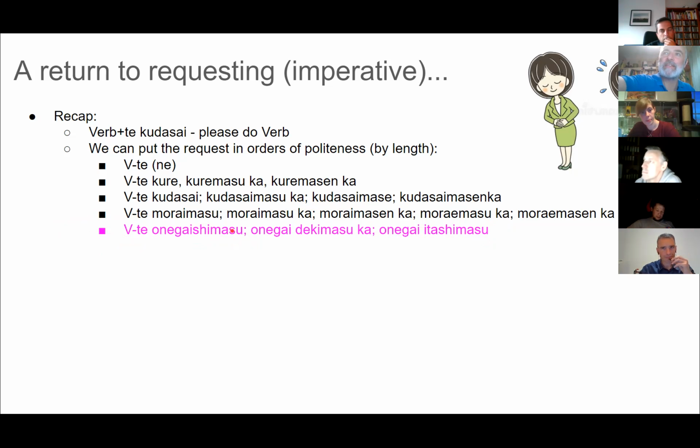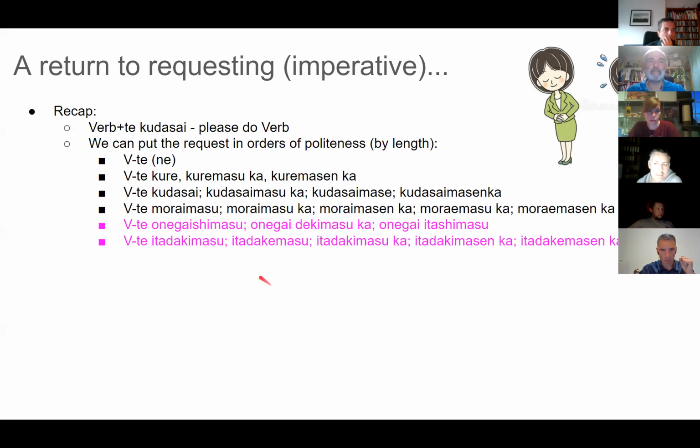It sounds condescending. So you should use any of these others. Don't say tabete onegai shimasu. It sounds really kind of patronizing. And even this one as well. Don't use the verb in the te form with itadakimasu, any of these.